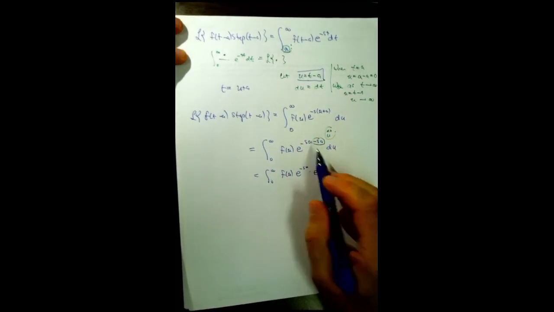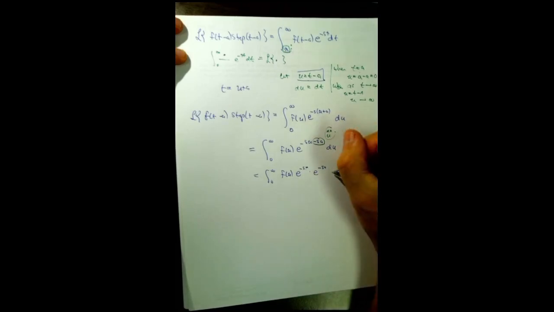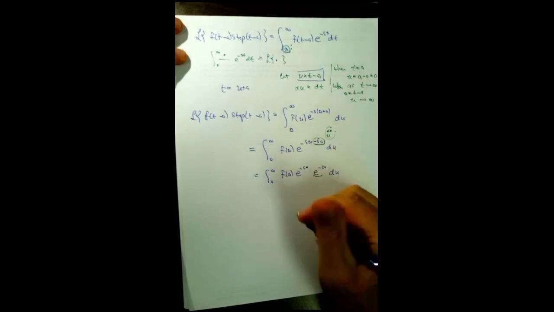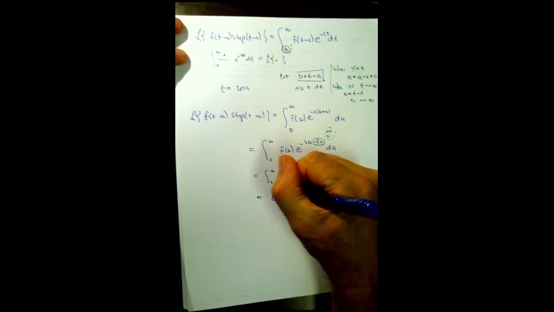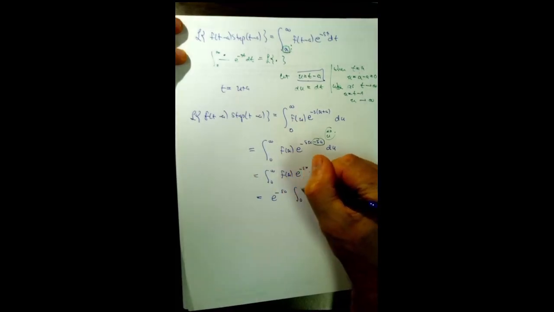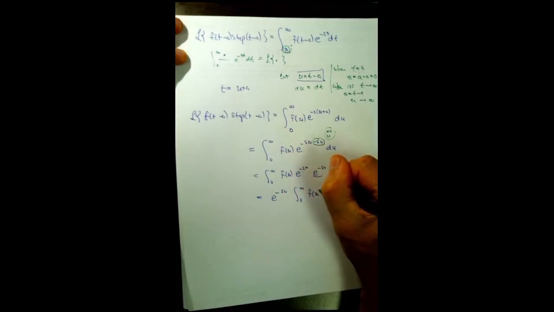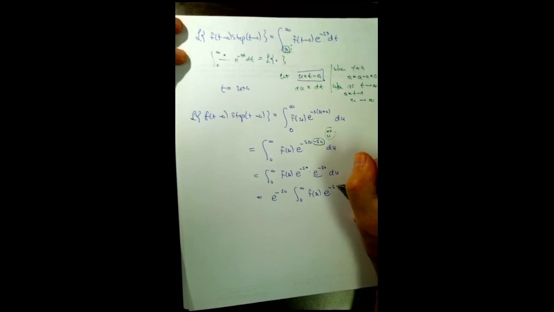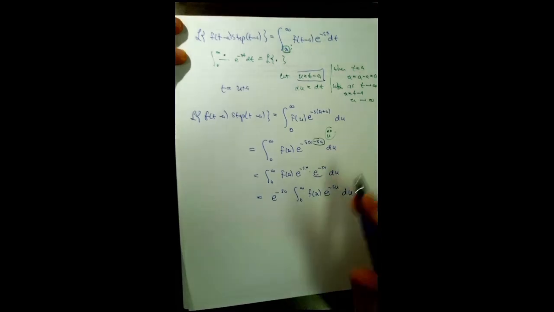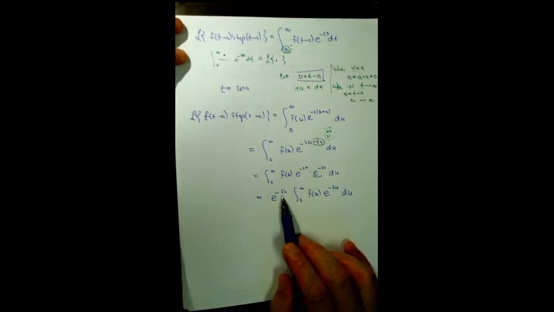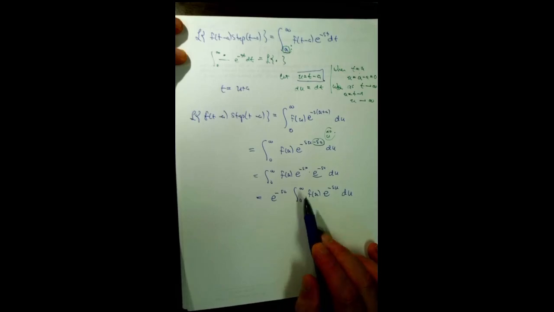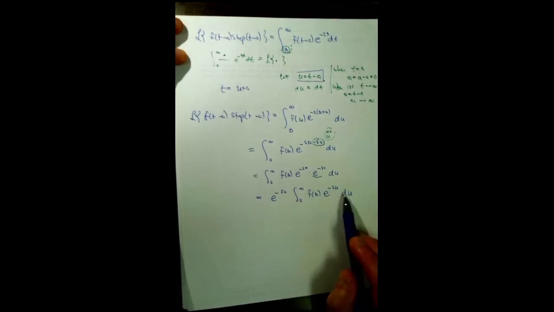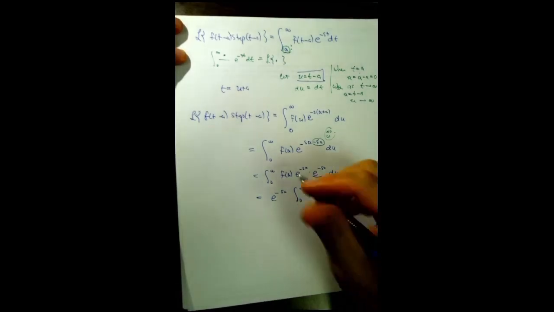And so this is e to the minus su times e to the minus sa. And that I can yank out. And so this becomes e to the minus s times a times the integral from 0 to infinity of f of u times e to the minus su du.